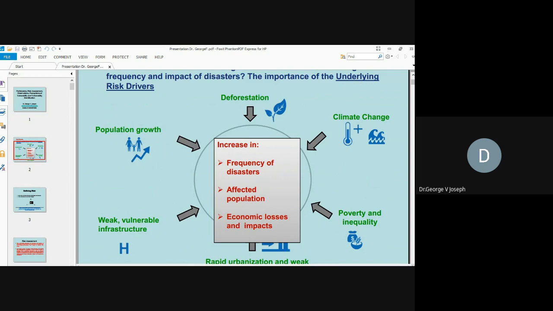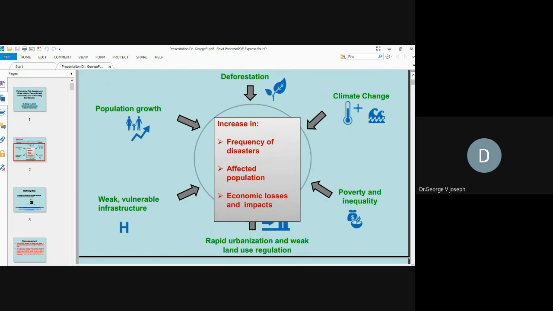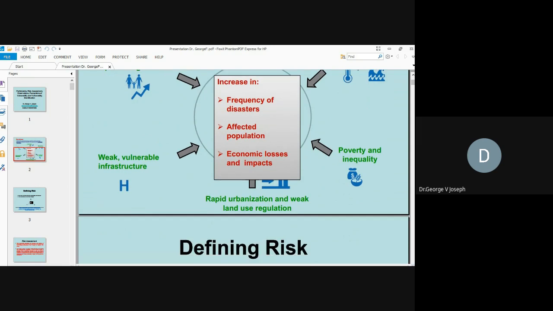Many a time it is very fragile because of various societal issues like corruption and many other extraneous factors, and also system failures. Then there is also poverty and inequality and greater urbanization. All these factors are increasing the risk of the people.